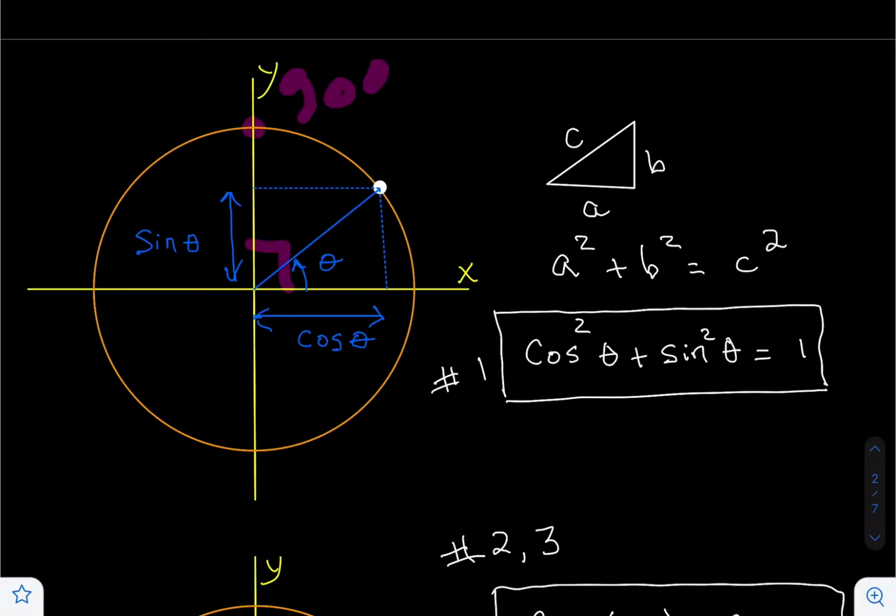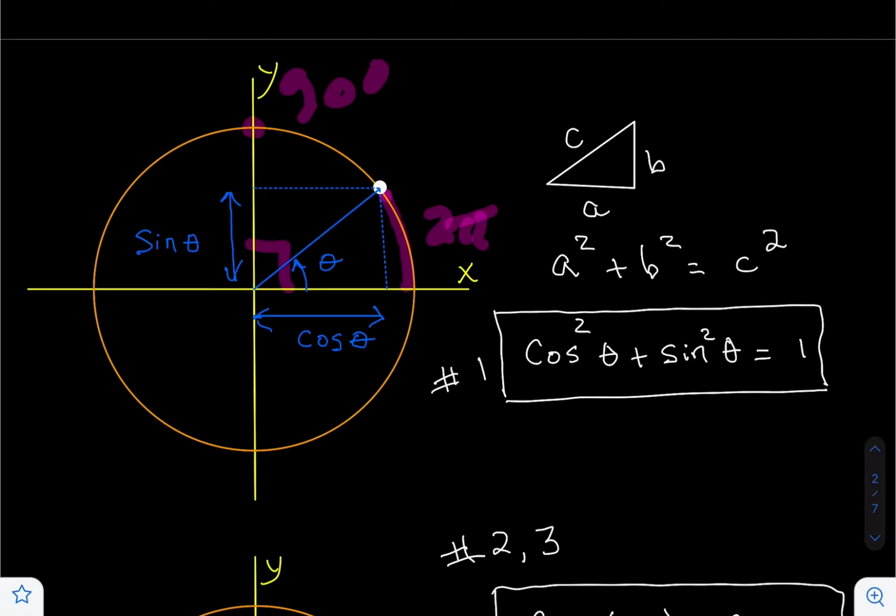But what's more natural is to calculate the length of this length right there. And this length is a measure, and that measure is called radians. So if you go full around the circle, then you know that the length of the circumference of a circle is 2 pi. So going all the way around is 2 pi.